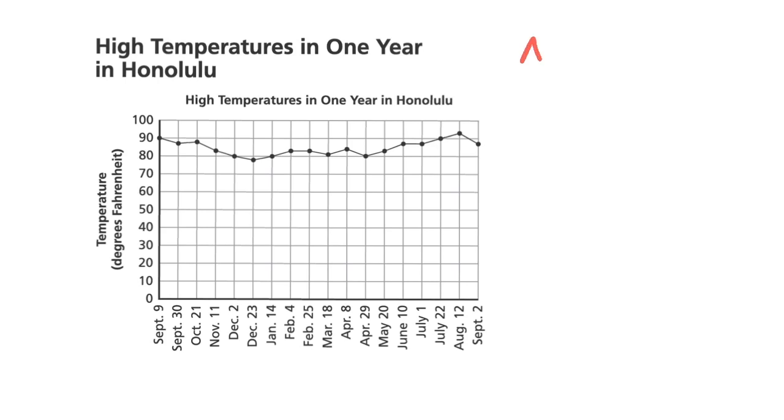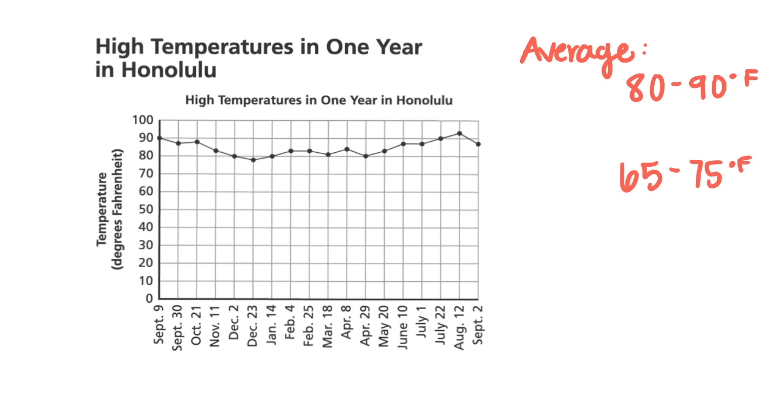So the average, remember the average means that it's usually about 80 to 90 degrees Fahrenheit. And the average monthly low temperatures range from 65 to 75. So this is the high temperature usually, somewhere between those. And this is the low, usually somewhere between those.